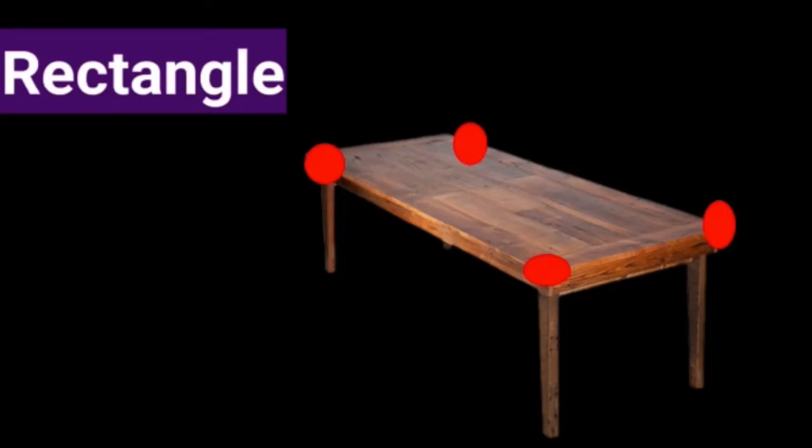Very good. The surface has 4 corners. Okay. Now tell me, what is the shape of the surface of the table? Very good. The surface of the table is a rectangle.